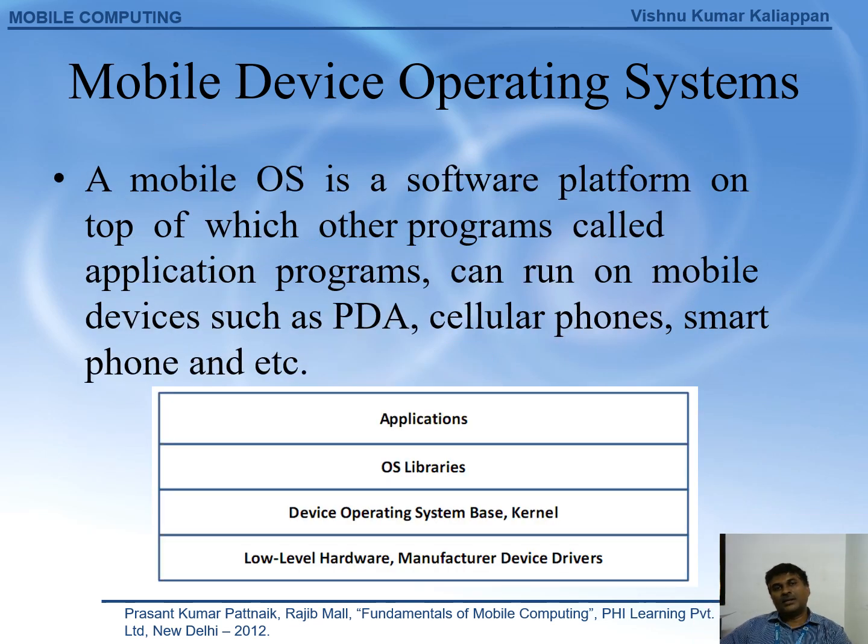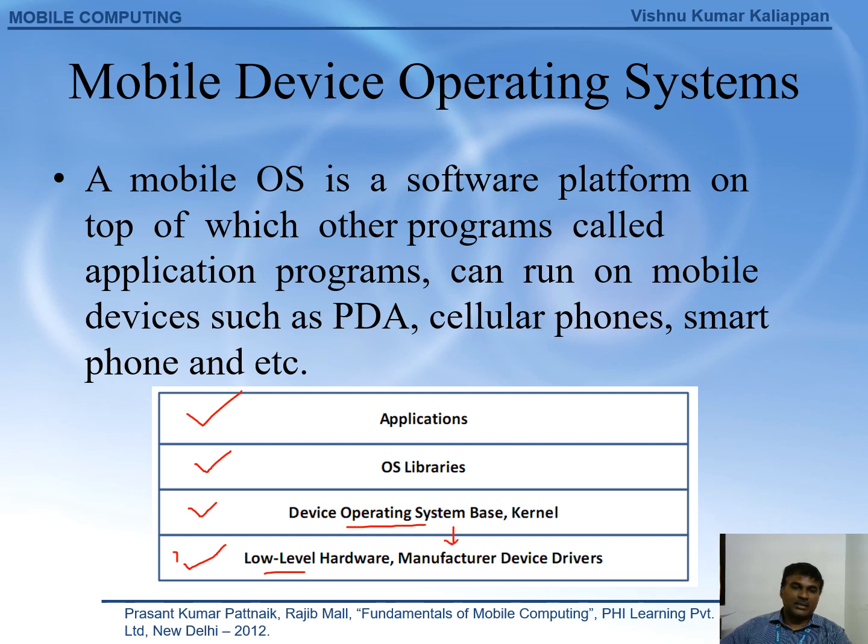A conventional mobile device operating system consists of four layers mainly. The first layer is low level hardware, the second layer is the device operating system, the third layer is OS libraries, and the fourth layer is application. Usually the low level hardware is specific hardware developed uniquely for different devices, whereas the operating system communicates directly with the hardware.